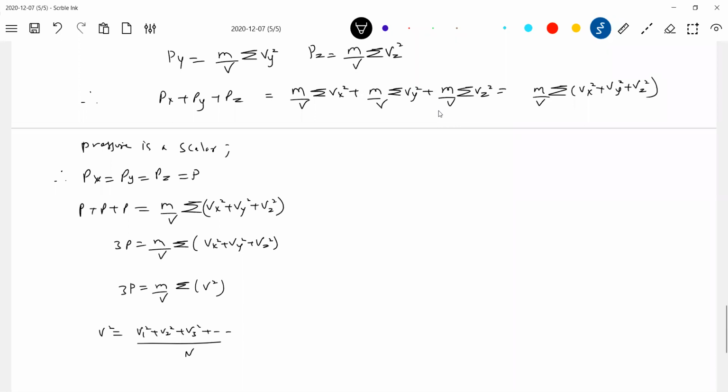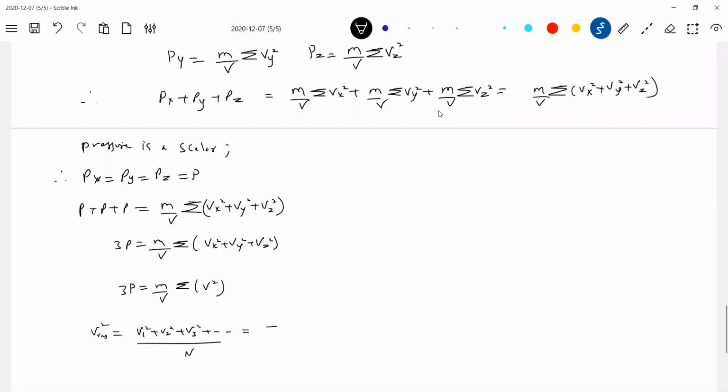Anybody wants to interpret? Sir, mean of velocity square. Mean of velocity squares, it should be v1 square plus v2 square plus v3 square. So this quantity I should write as vrms square.